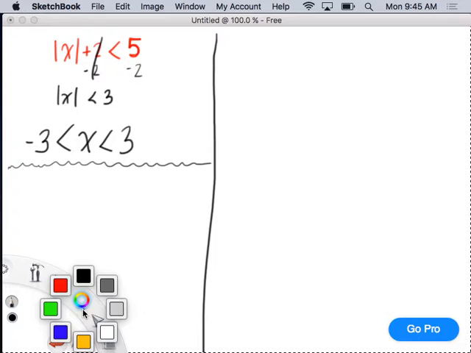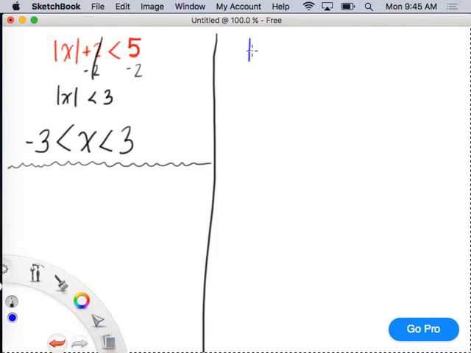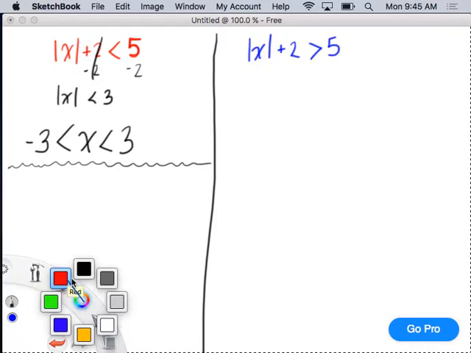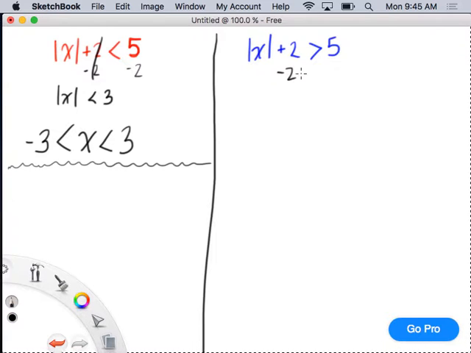Now, the other one was absolute value of x plus 2 is more than 5, greater than or more than 5. So first I isolate by subtracting 2 from both sides. I get absolute value of x is more than 3. So I've isolated. Now I rewrite, and I rewrite by dropping the absolute value.